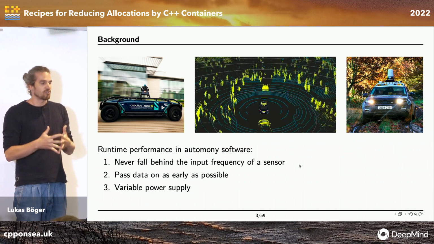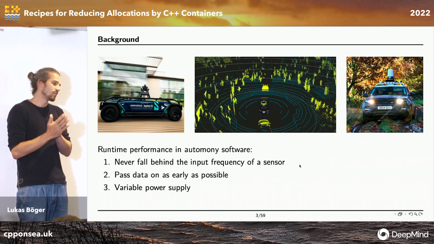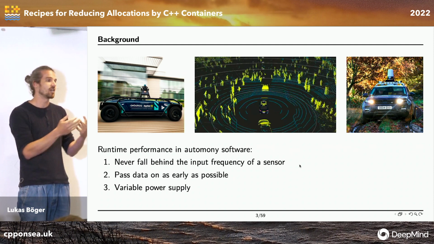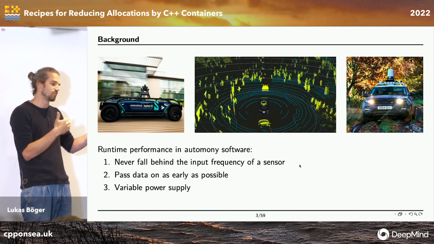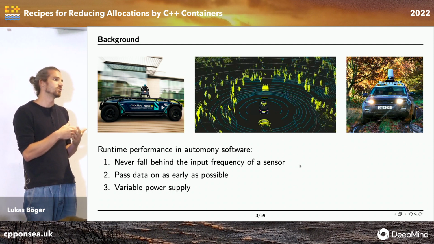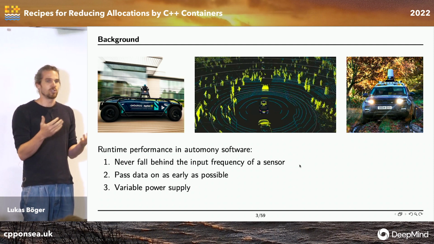We want our software to run as fast as possible in the perception team for the obvious reason that we can't be behind the sensor input frequency. But more importantly, for safety reasons, we need to enable immediate decision making, right?